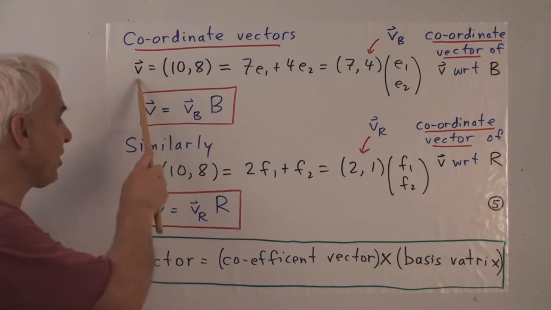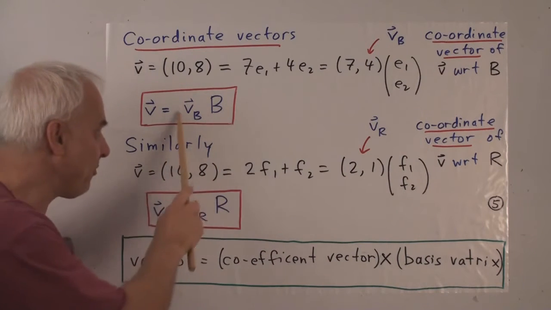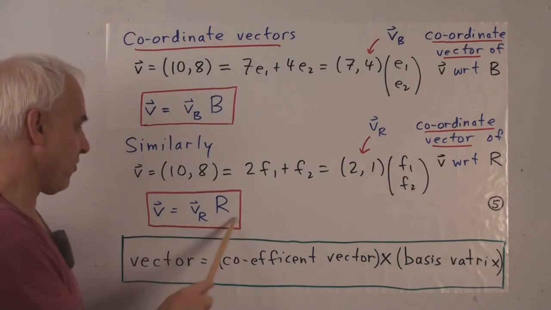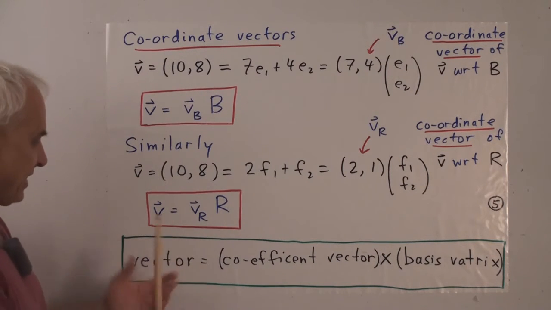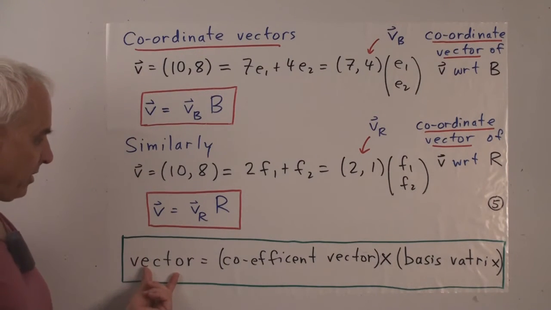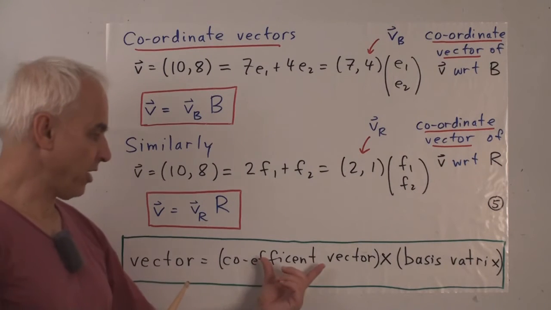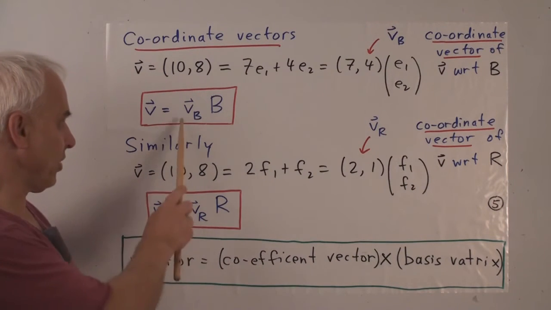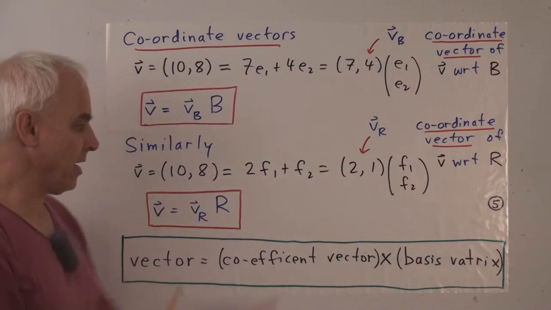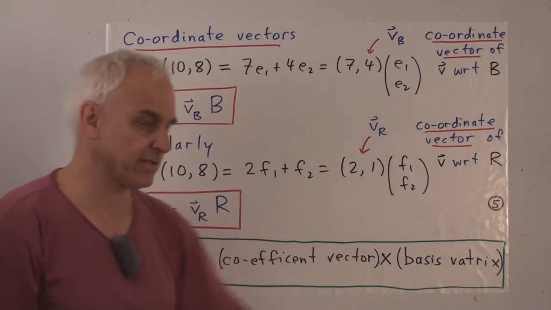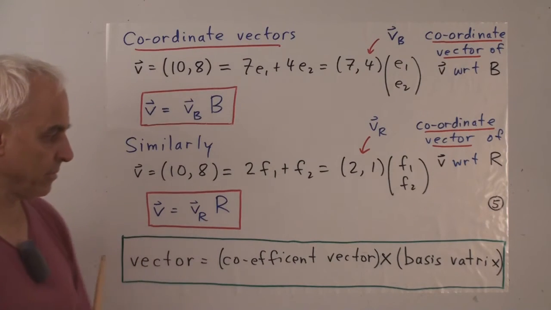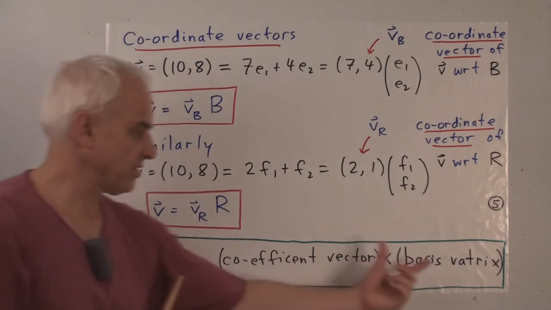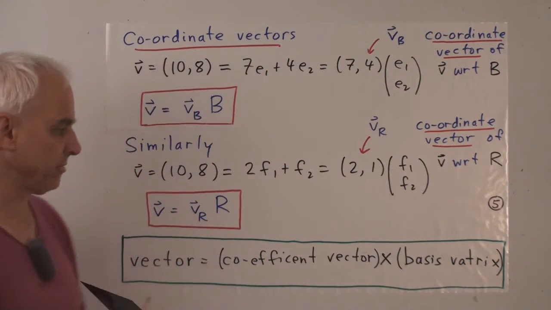So the same vector can be expressed in terms of Bob's basis this way and in terms of Rachel's basis this way. So the basic setup is that we have a vector, like v, which is the product of a coefficient vector, like v sub B or v sub R, times a basis matrix, like B or R. Coefficient times vector.